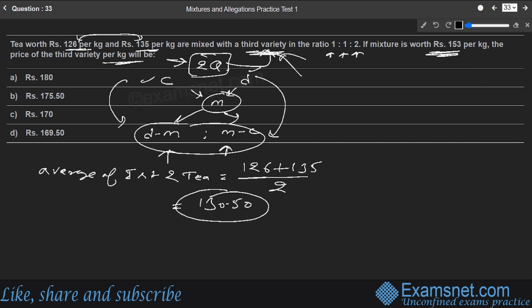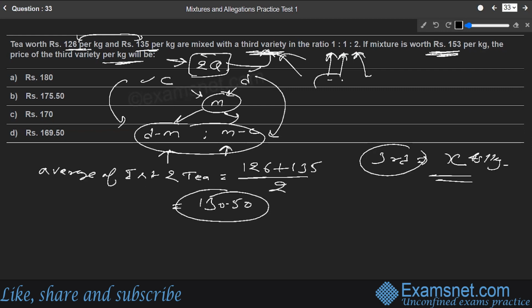Now, let us assume the price of the third variety of tea as x rupees per kg. The new first variety has a price of 130.50 per kg. And what about the quantity ratio between these two? The ratio of the first quantity and the second quantity is 1 is to 1, and the third quantity has the ratio 2.